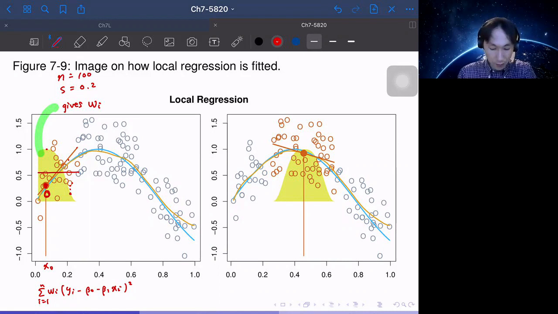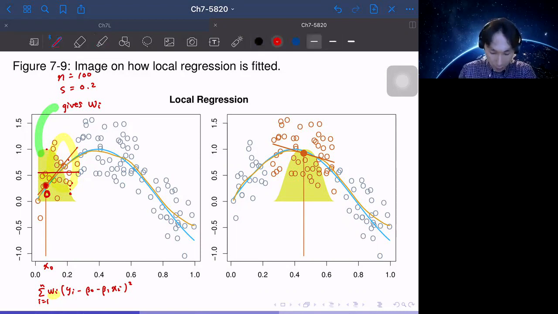So even if we fit the straight line, if the situation is a little bit complicated, then it can generate bias. We want to use mostly the observations around x0 to fit the value. If we don't give a weight, we have a higher risk of bias. That's why we put higher weight on the observations close to x naught, given by wi. This green curve looks like the normal density function.